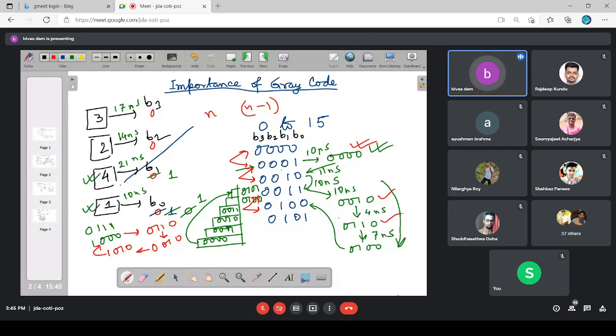After half an hour or after 1 hour, this may become 12 nanosecond and this may become 10 nanosecond. It may happen. So it is not guaranteed that the transient states will always be like this, but it is guaranteed that these many transient states will always be there. Okay.